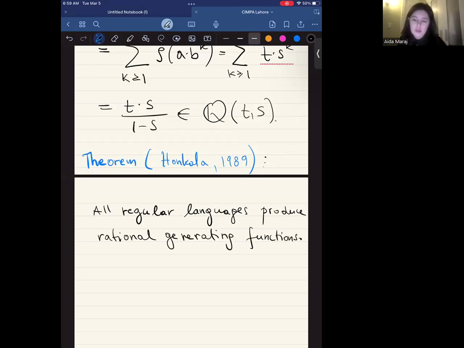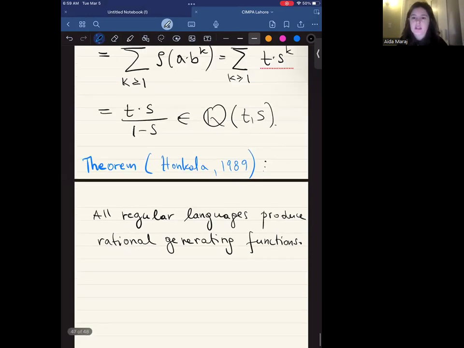Okay, and this is the key idea to prove rationality for the equivariant Hilbert series.